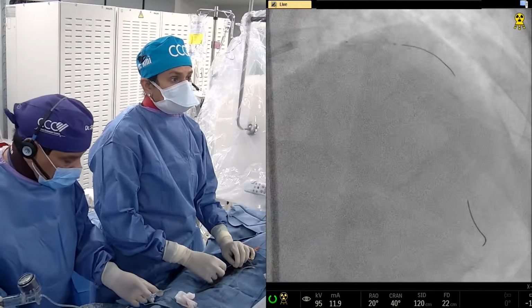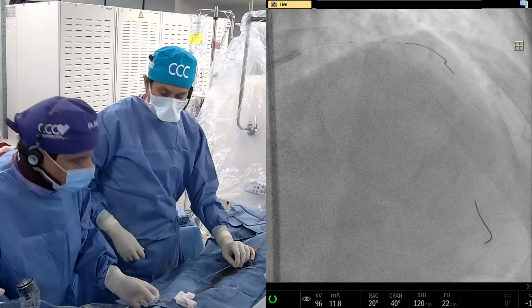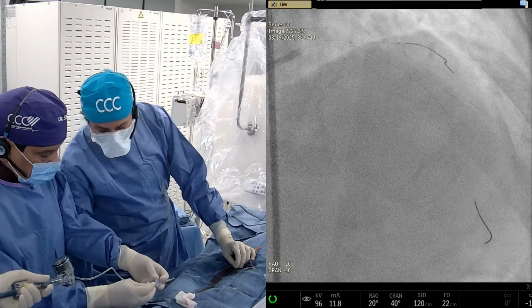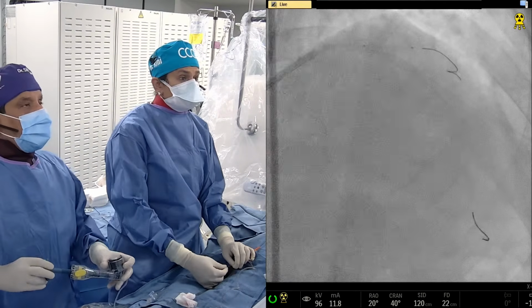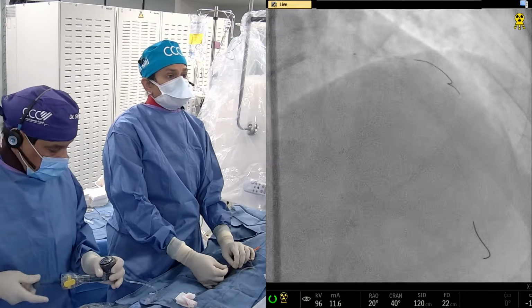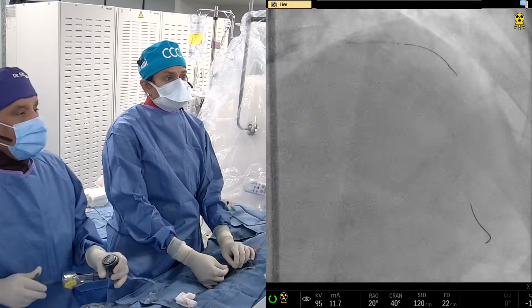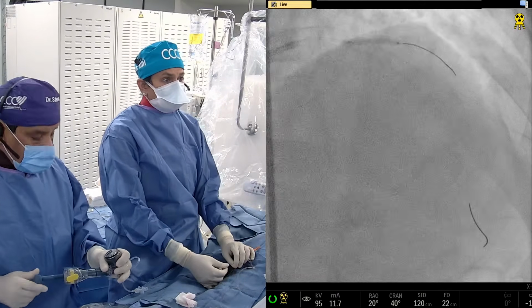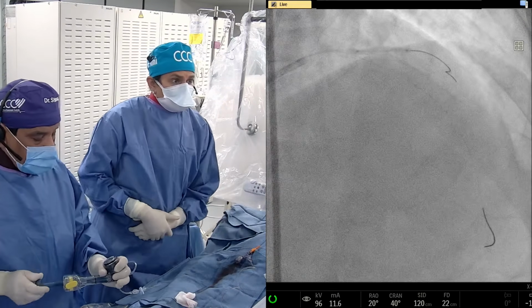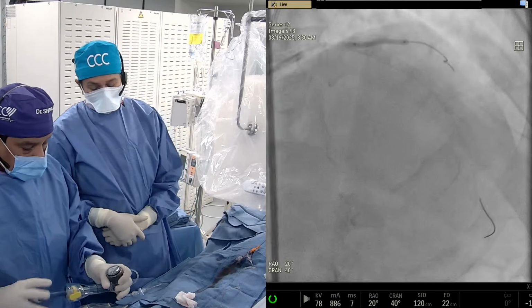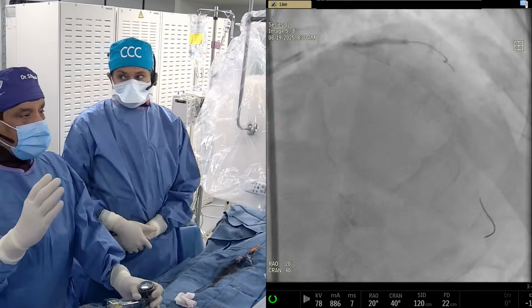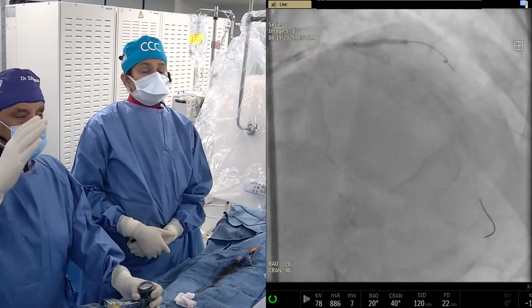This is a 2.0 compliant balloon, right? It crossed very nicely. Okay, go. Now here we're going to do our technique. First you crack the lesion, whatever pressure required, let's say 16, 18, 20, and then you go down to half pressure. Now you have cracked the lesion, at half pressure you are tacking it up.